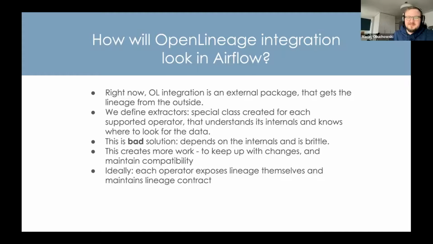And this isn't a great solution. It depends on the internals of the operator. It's brittle, and it creates more work for us to keep up with the changes and maintain compatibility, because we have one integration and there are multiple provider versions with multiple Airflow versions. So ideally, each operator would expose lineage themselves, and we would have a lineage contract.